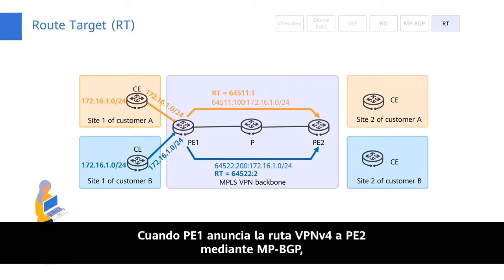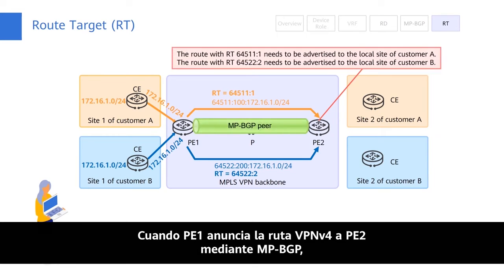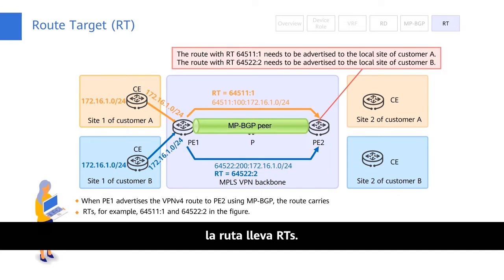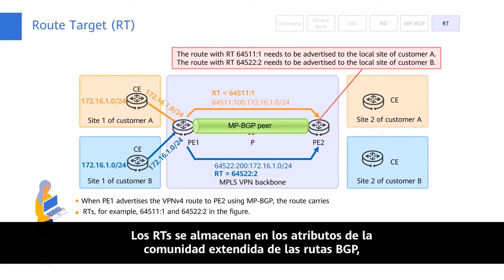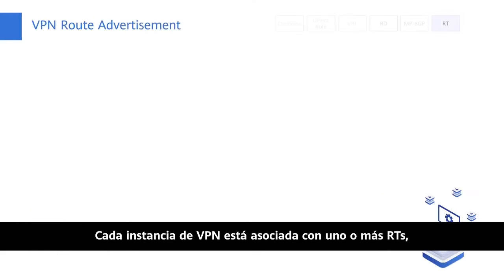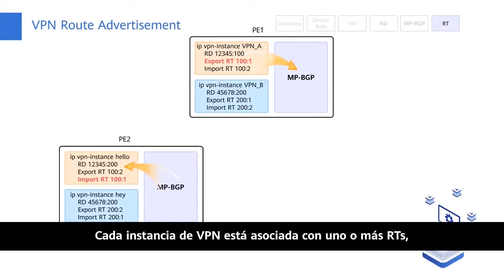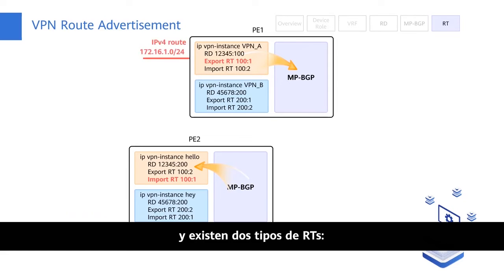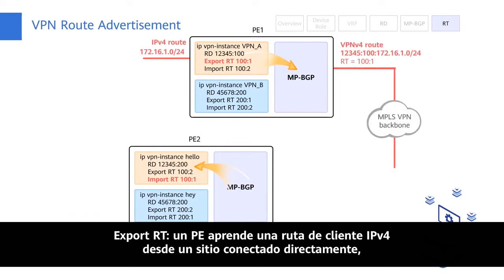When PE1 advertises the VPN route to PE2 using MPBGP, the route carries RTs. RTs are stored in the extended community attributes of BGP routes, and the VPNv4 route can carry one or more RTs. Each VPN instance is associated with one or more RTs, and two types of RTs exist.